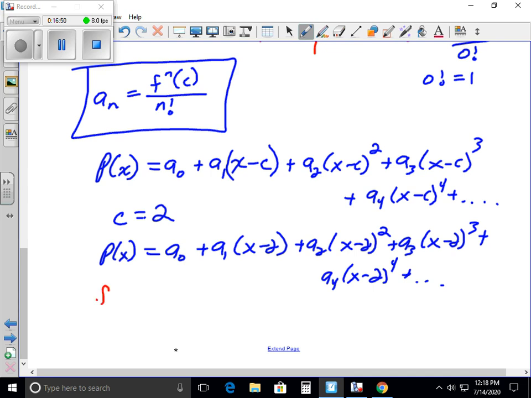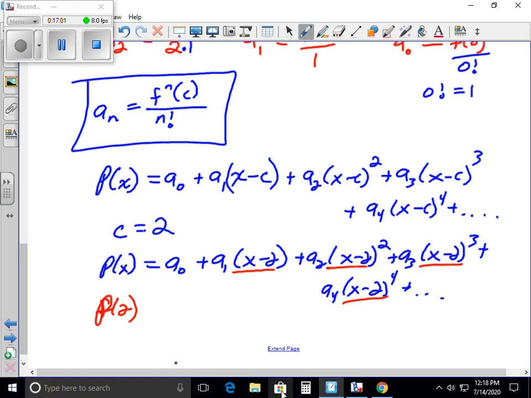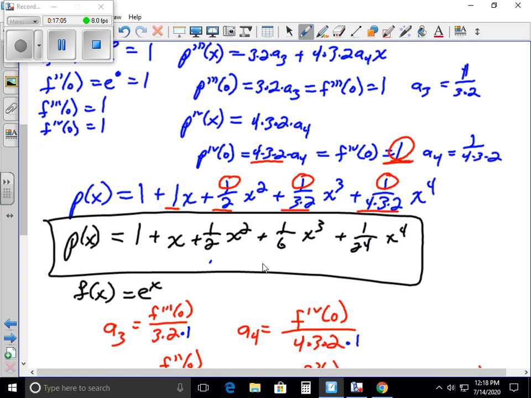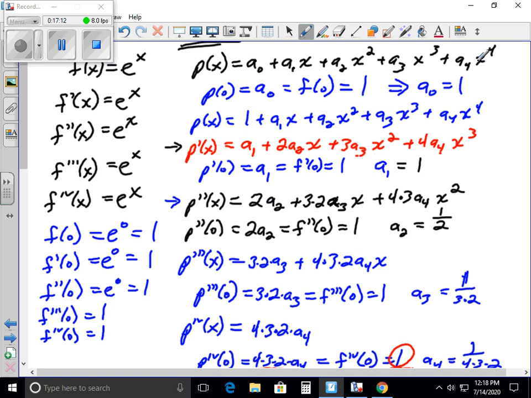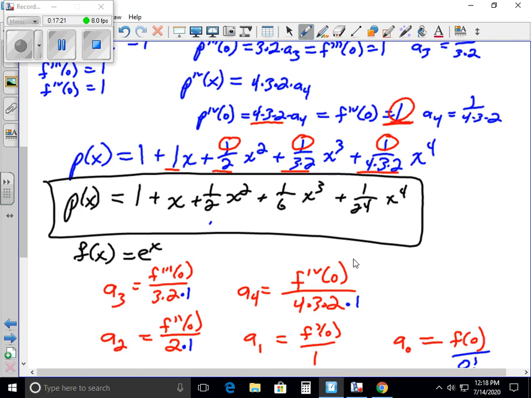Notice if we plug a 2 into that polynomial, not the function, everywhere we have an x minus 2, that's going to be 0. And remember, that was one of the key things that allowed us to get our a's: the number we were plugging in for x made all of these other terms 0. When we plugged a 0 in for x here, all of those were 0.